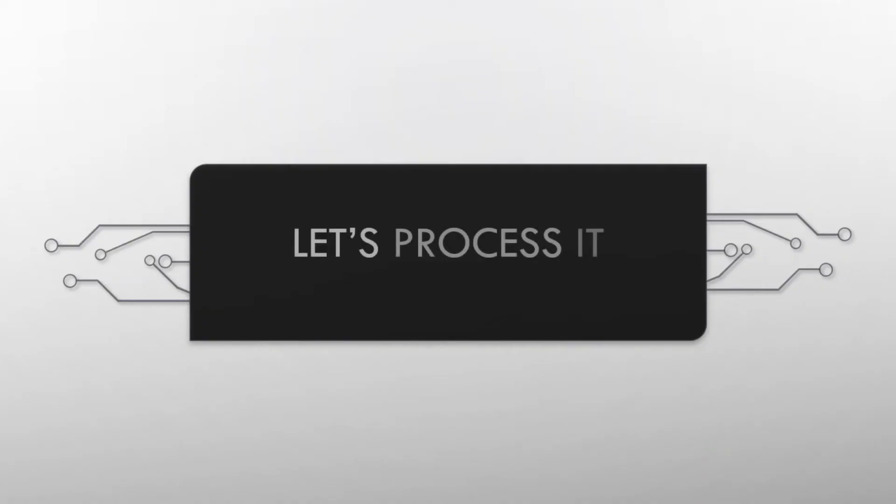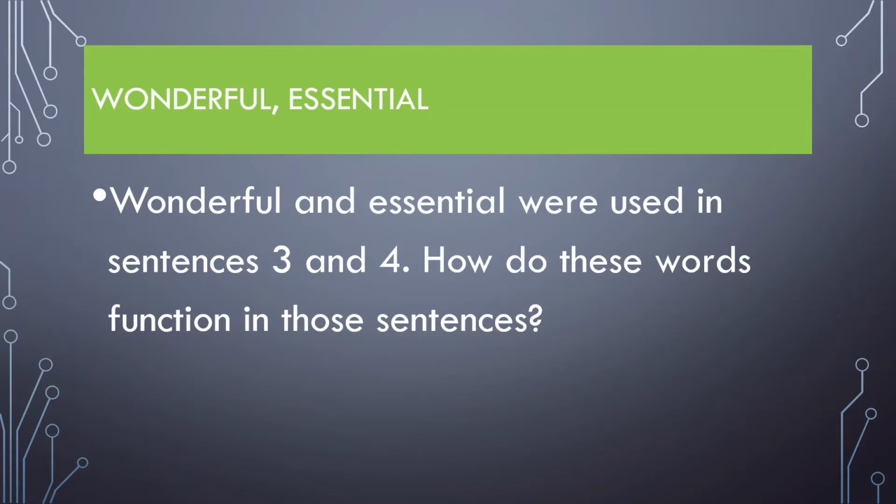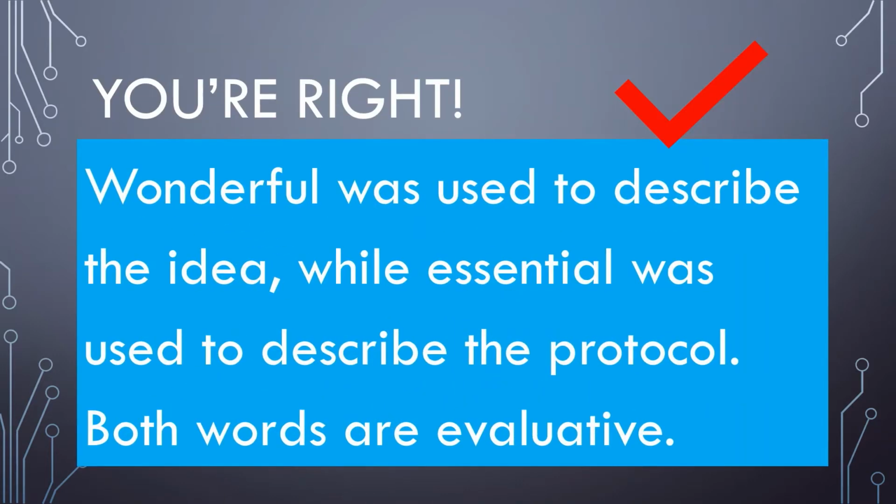Now let's process your answers. Wonderful and essential were used in sentences 3 and 4. How do these words function in those sentences? You're right. Wonderful was used to describe the idea, while essential was used to describe the protocol. Both words are evaluative.